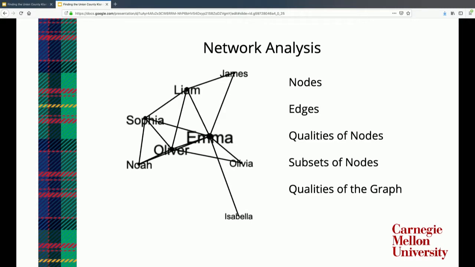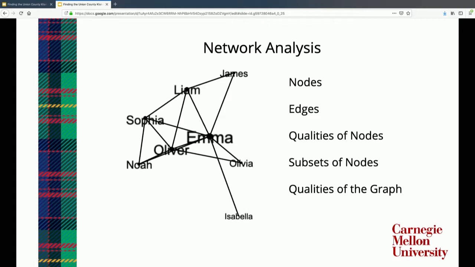And so in my case, that was people in Union County, South Carolina, who appeared in the criminal database, right? Edges are the lines between those nodes. So say like James to Emma, in this case, is the edge. Each edge indicates that there's a connection between those people.